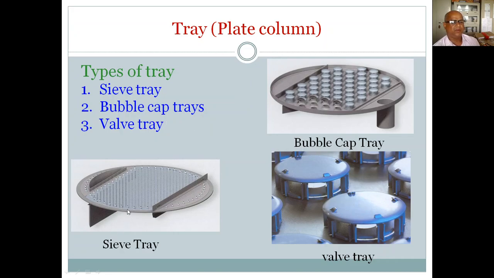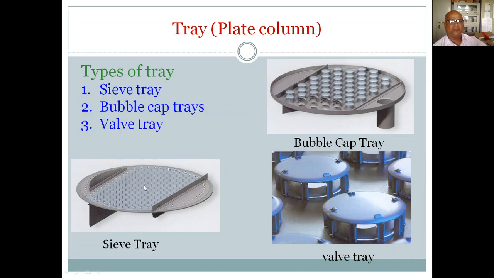Instead of coming down, it will go up, because here it is high pressure, and up there it is low pressure. If the gas flow rate is high, the pressure drop is very high, and slowly the liquid will fill up this column, and this is called the flooding condition.